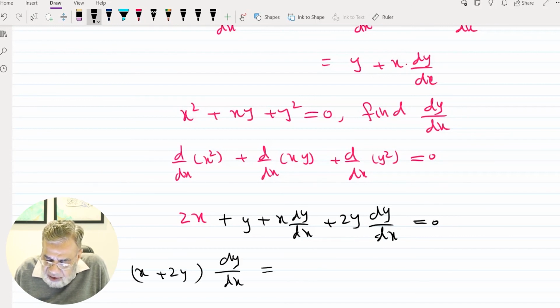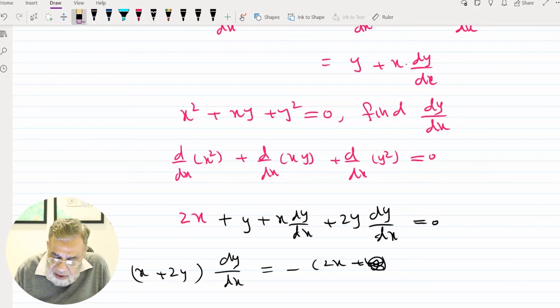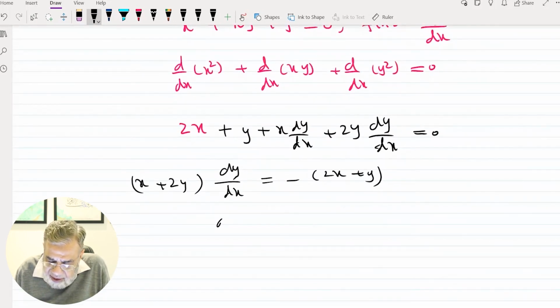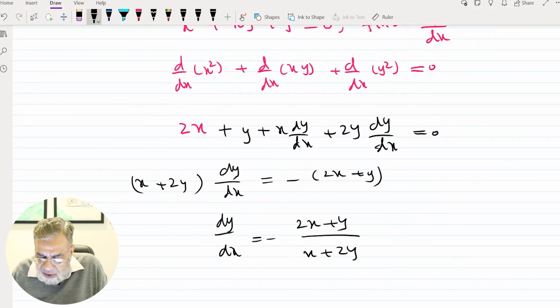I take these two terms, 2x plus y, to the other side, and you get minus. Now here, when I want to find the derivative, I just divide by the coefficient of dy by dx. So I'll get dy by dx is equal to minus (2x plus y) over (x plus 2y). So that's my result.